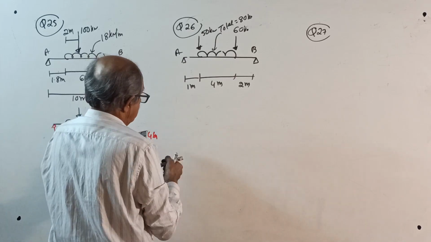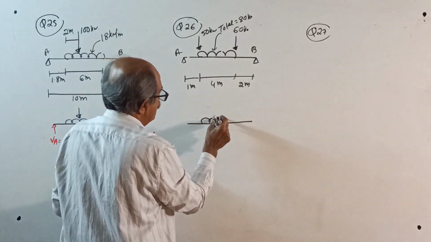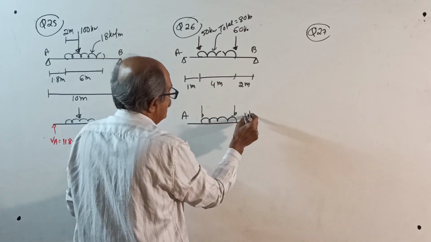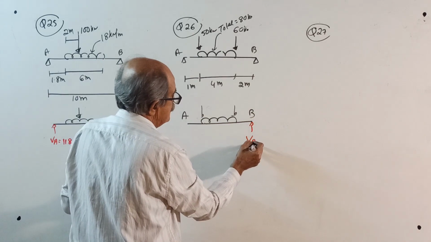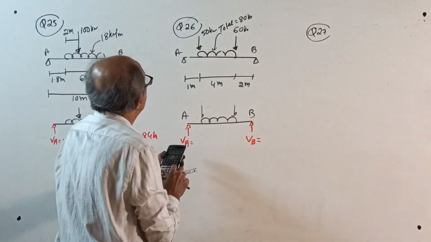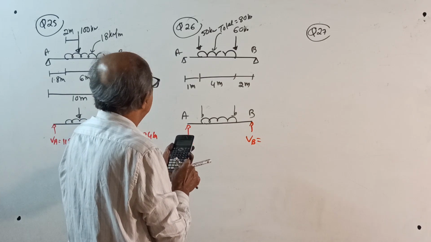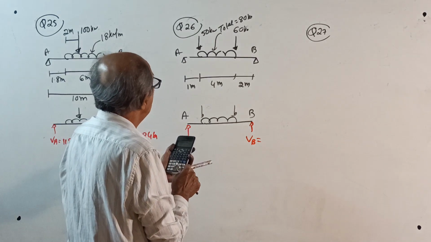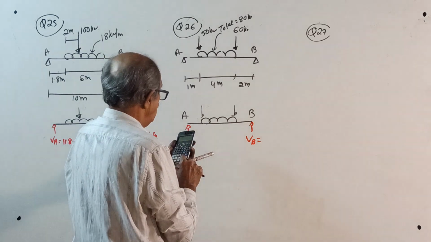Answer. 50 into 1 plus 80 into 1, 2, 3 plus 60 into 5, divided by 7. Oh, fraction.